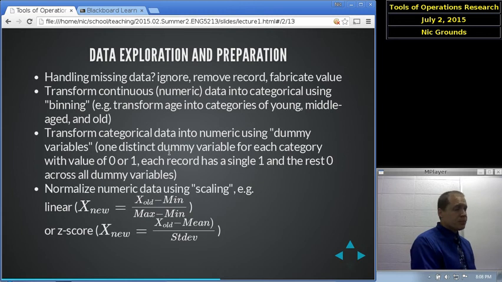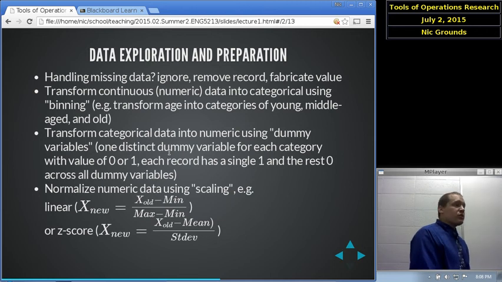Okay? For example, we might have ages of students, but we might want to use a data mining algorithm that requires that all data be categorical. So we might have to transform all the age numbers, numeric data for students, into a category.